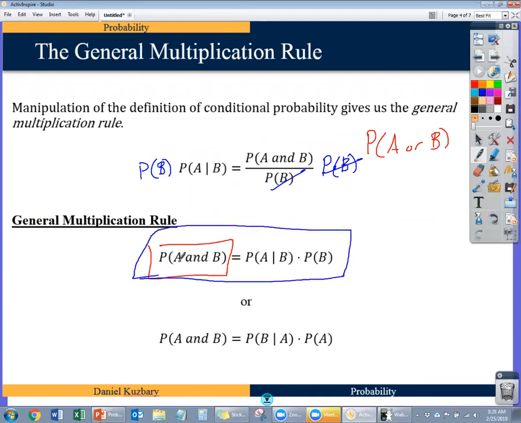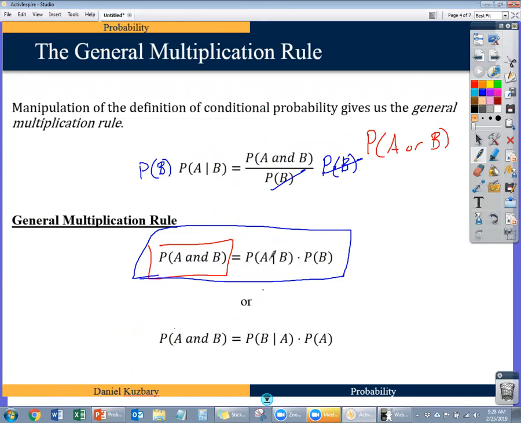The probability that A and B happen at the same time is the probability of A given B times the probability that B happens by itself. Of course, with A and B happening at the same time, the order can switch. So this could easily say the probability of B and A, or A and B. It's saying the same thing.